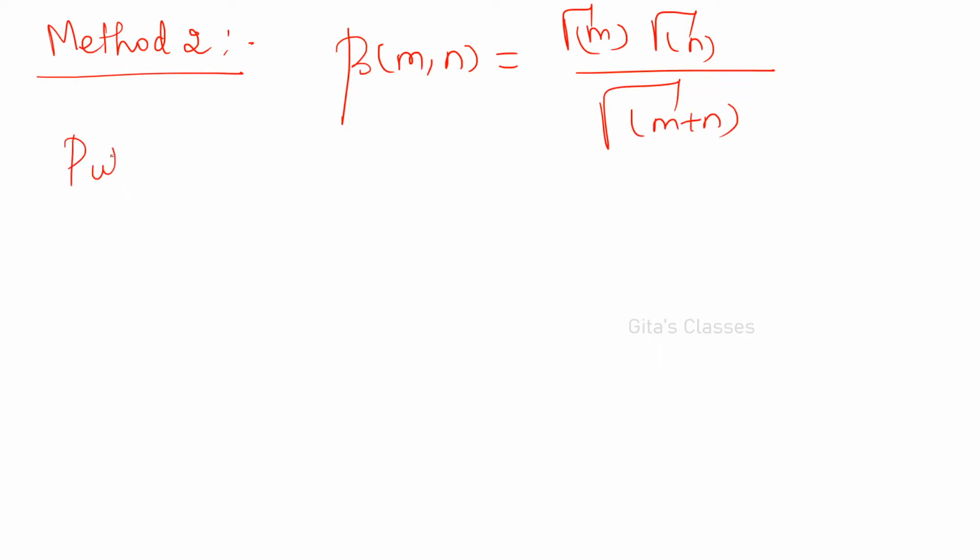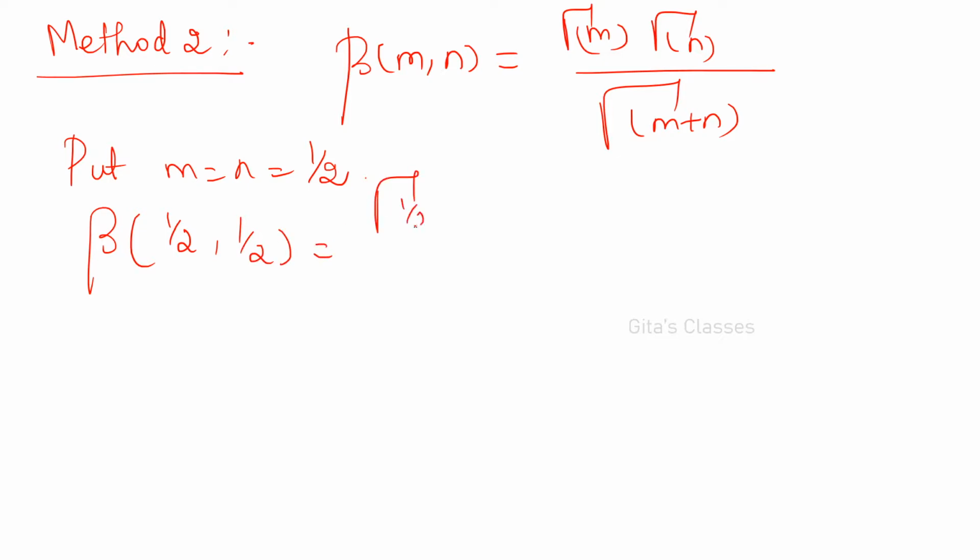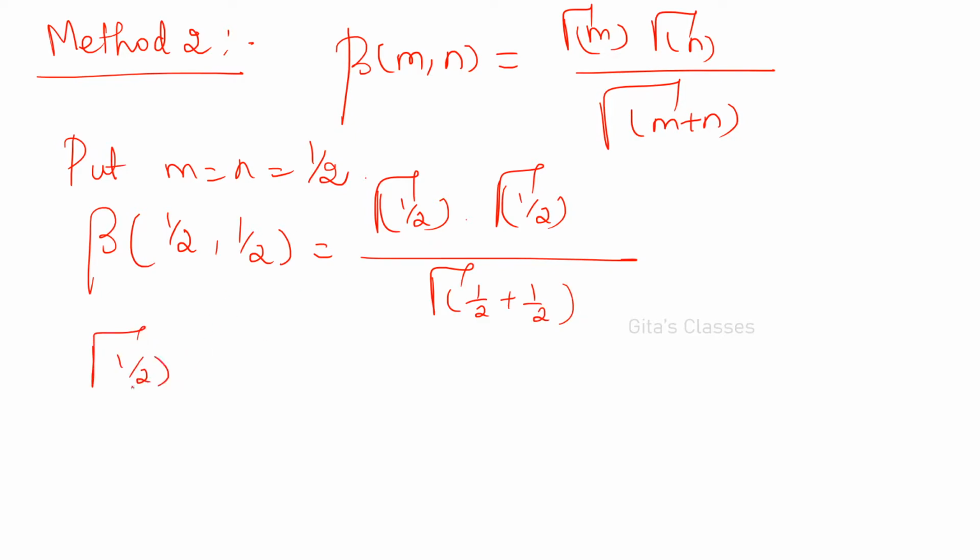So now put m is equal to n is equal to 1 by 2. So left hand side you will have beta of 1 by 2 comma 1 by 2 is equal to gamma of 1 by 2 into gamma of 1 by 2 divided by gamma of 1 by 2 plus 1 by 2, which is 1, right? So I am going to write this gamma of 1 by 2 the whole square divided by what will be this value? Gamma of 1. What is gamma of 1? It is 1, right? So gamma of 1 by 2 the whole square is equal to beta of 1 by 2 comma 1 by 2.